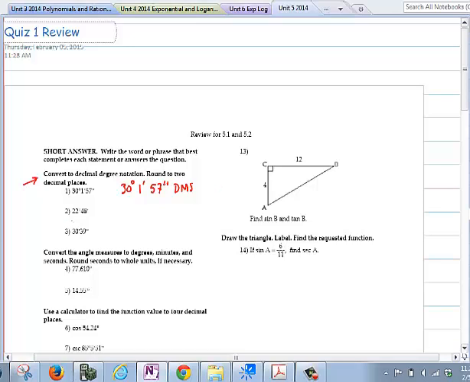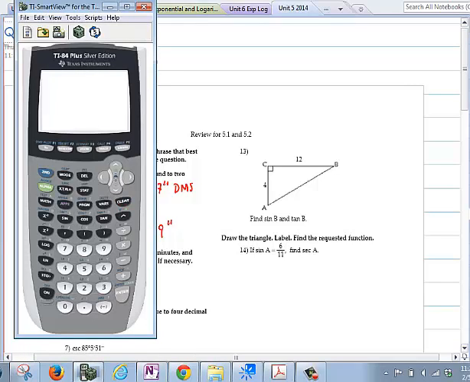Now, I want to just speed ahead and show you that on this last one, notice there's no degree portion. So you'll have to put it in as 0 degrees, 30 minutes, 39 seconds. And just to remind you how to do that on the graphing calculator, you would do 0, and then go to the angle button, hit degree.